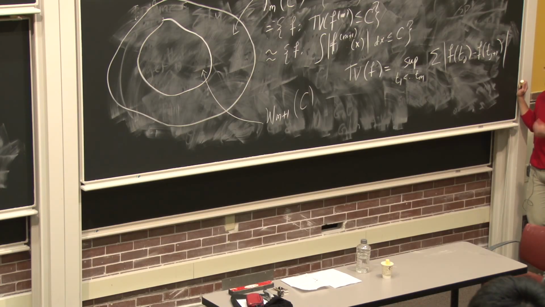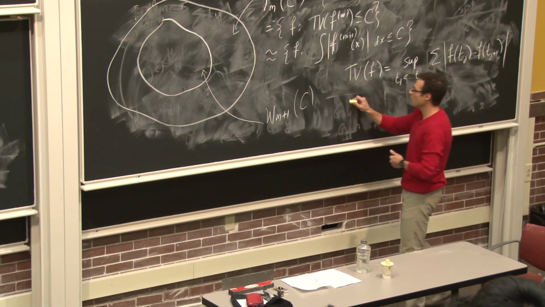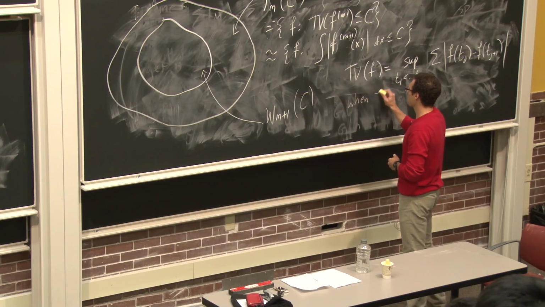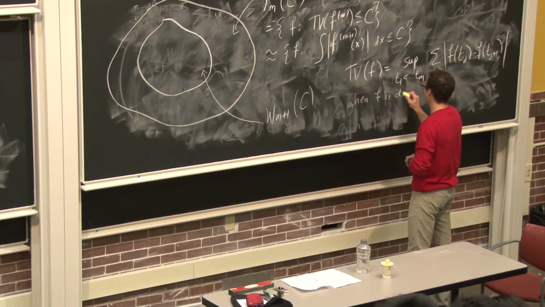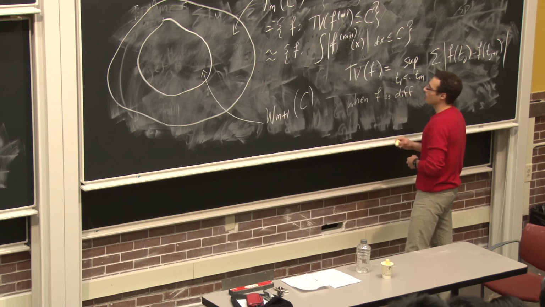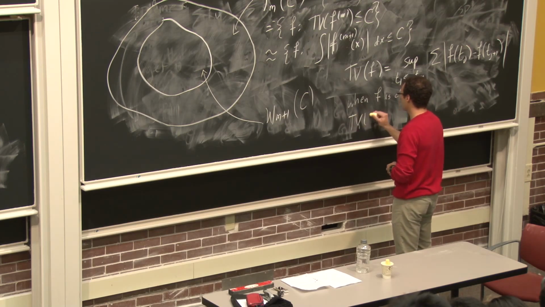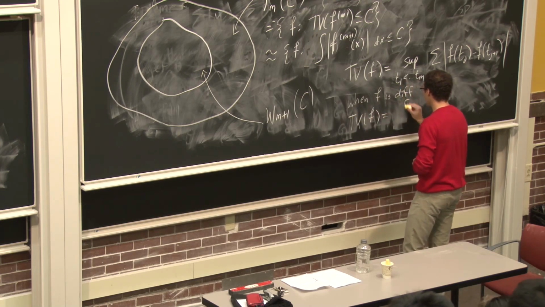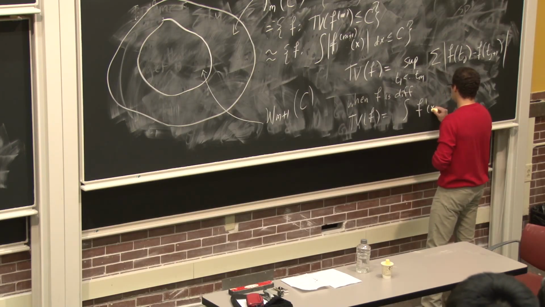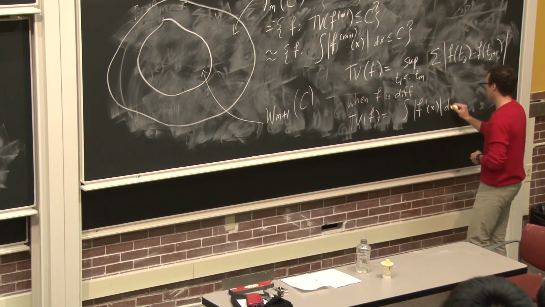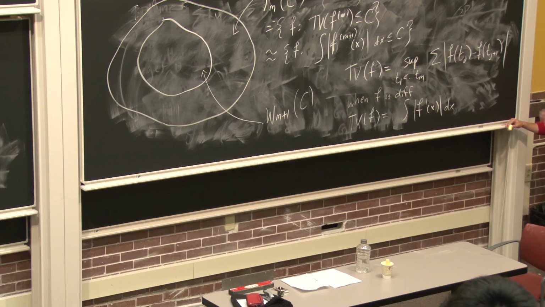That's the total variation. And it turns out that when f is differentiable, the total variation just ends up being equal to its absolute derivative integrated.